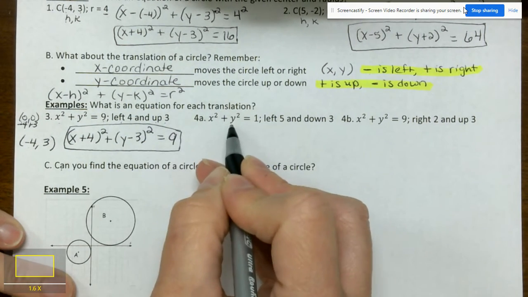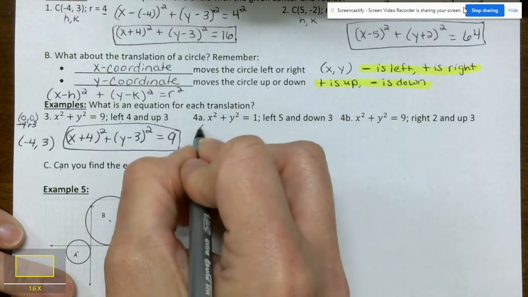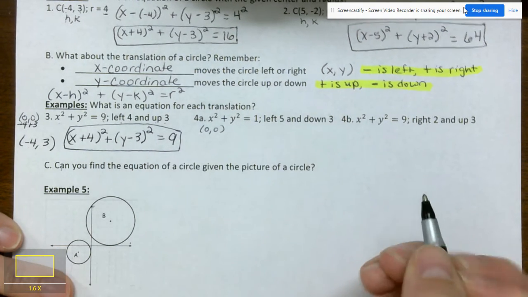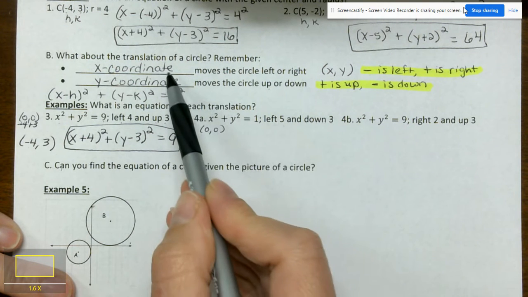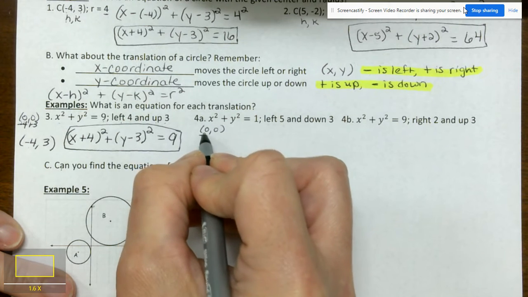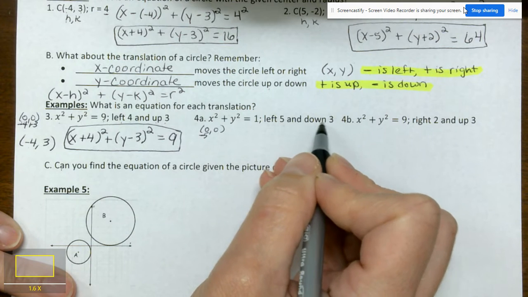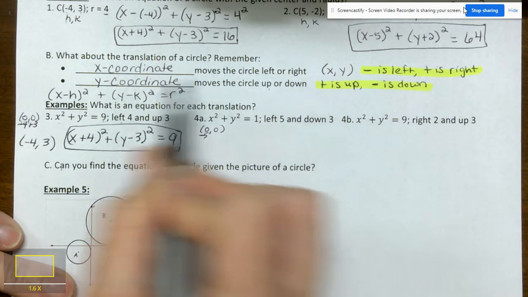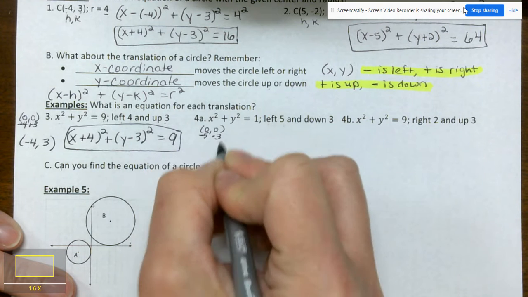Okay, if we look at the next one, x squared plus y squared equals 1. Again, our starting point is 0, 0. Left 5, left is the x, and if I move left, I subtract. So I'm subtracting 5 from the x, and then I'm going down 3. Down is the y, and that's a minus, so I'm subtracting 3.